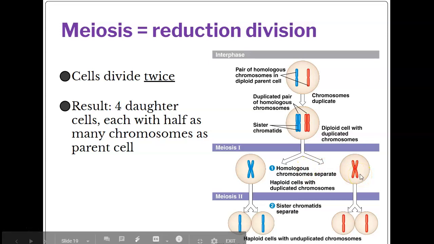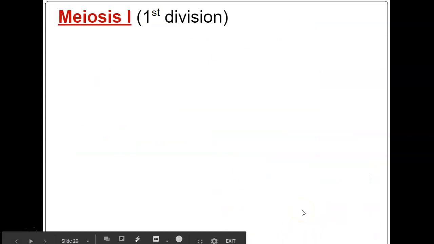And at that point, you've essentially halved the genetic material because only half of the chromosomes came over here, even though they're with their copy, and only half came over here, even though they're with their copy. And then in meiosis 2, it's essentially mitosis. Those sister chromatids will then separate, all of them line up down the middle, and you end up with daughter cells. So we're going to kind of go through what that looks like.